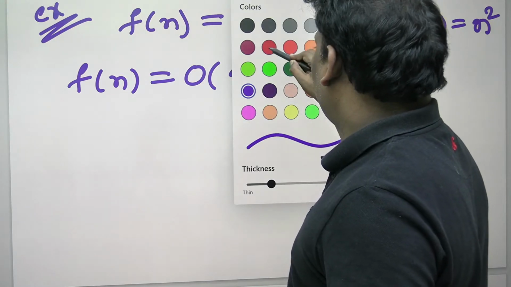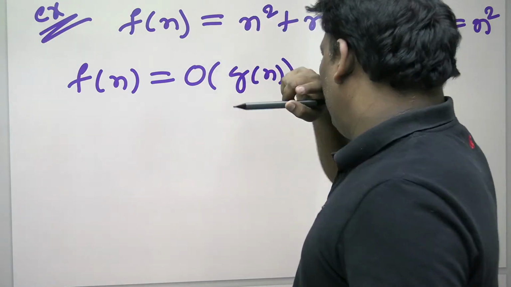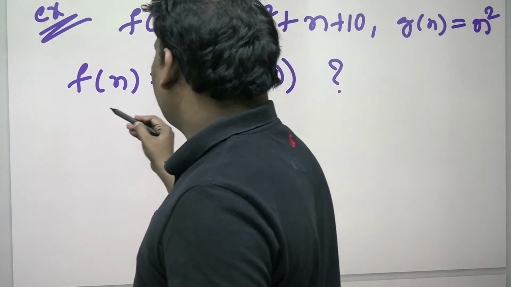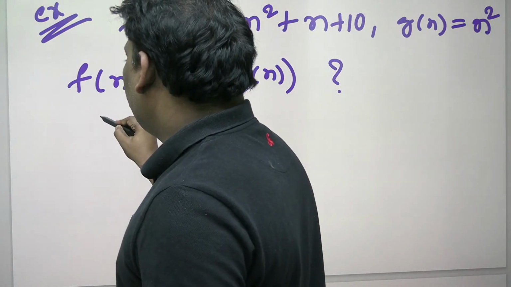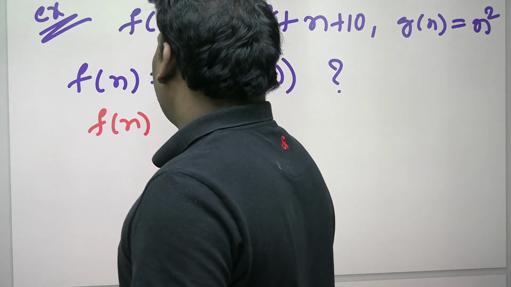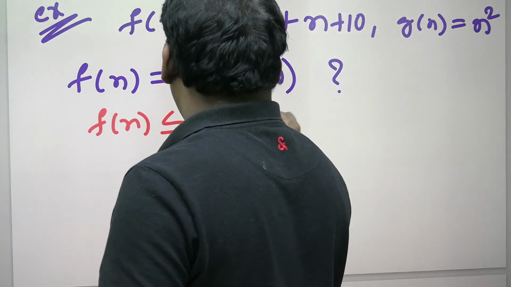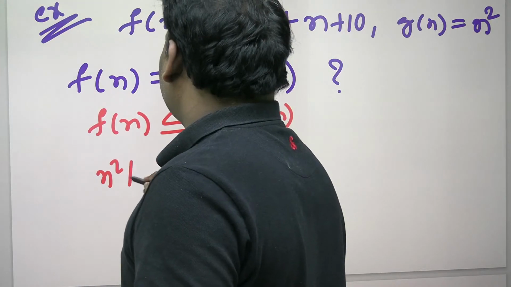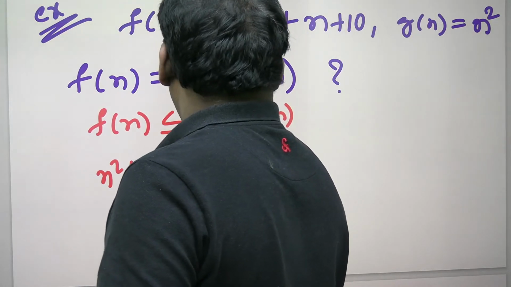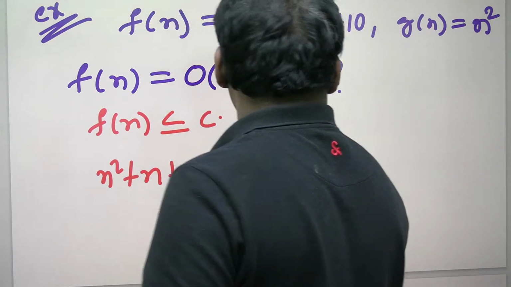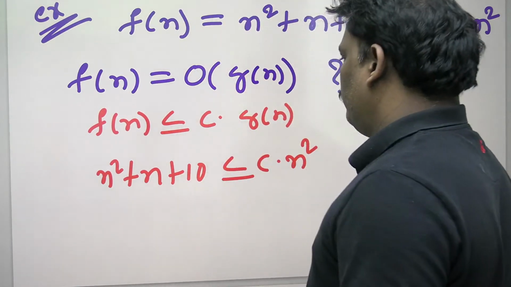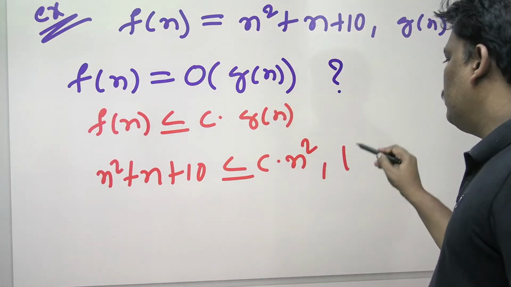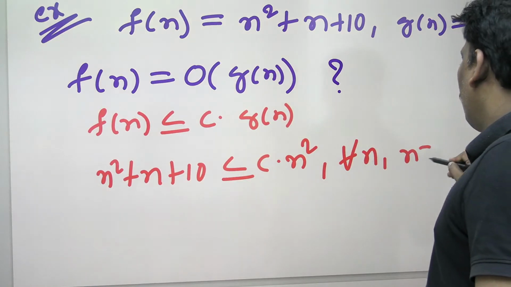If I want to say this, I have to satisfy this condition. What is that? f of n is less than or equal to some c into g of n. So here f of n is n square plus n plus 10, less than or equal to some c into n square, for all n where n is greater than or equal to n0.